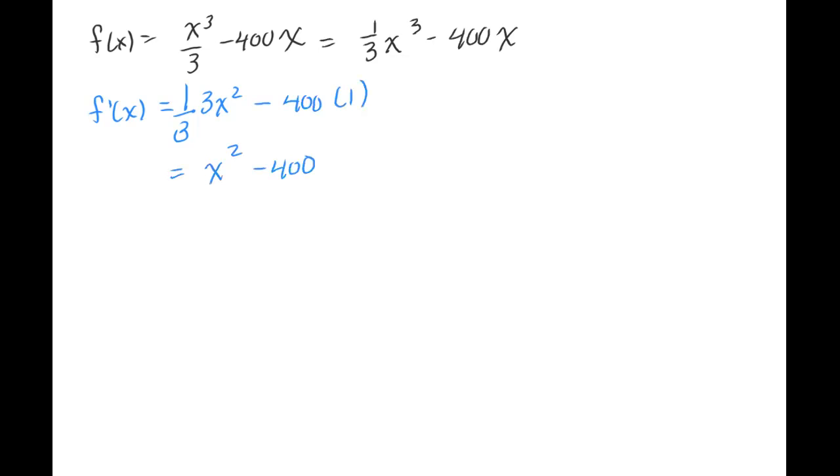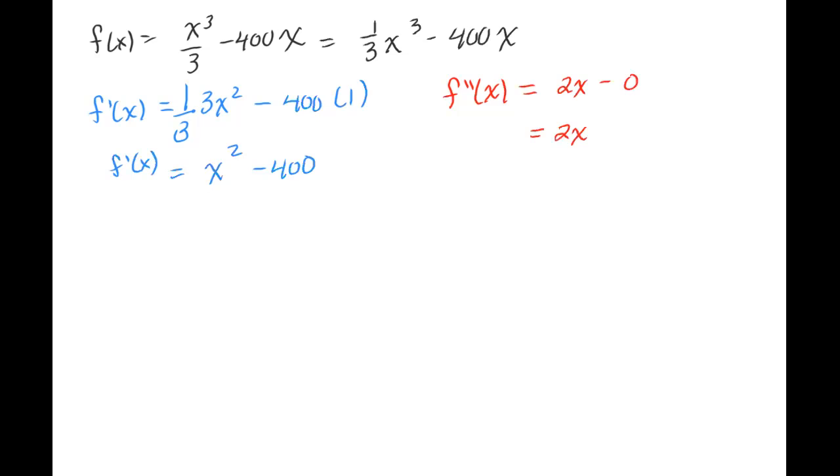Second derivative, f prime prime of x, I can get by finding the derivative of this function, f prime. That is equal to the derivative of x squared, which is 2x, minus the derivative of 400, which is 0.